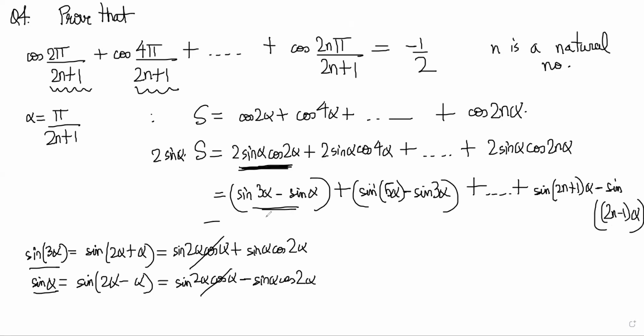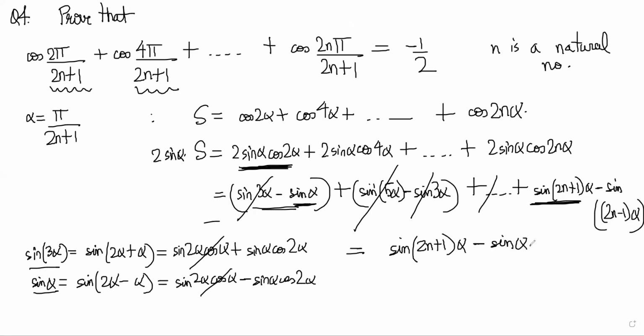Now, what happens as a result of this? You can see that because of the telescoping nature, sine 3 alpha gets cancelled here, sine 5 alpha will get cancelled with the next term, and so on. So what we'll end up getting is just the greater angle of the last term and the smaller angle of the first term.